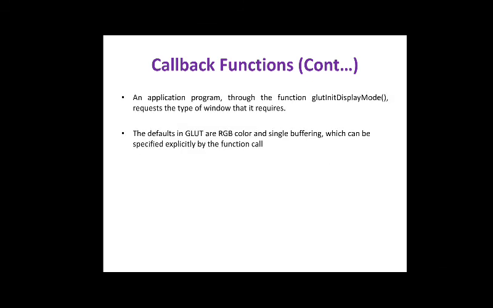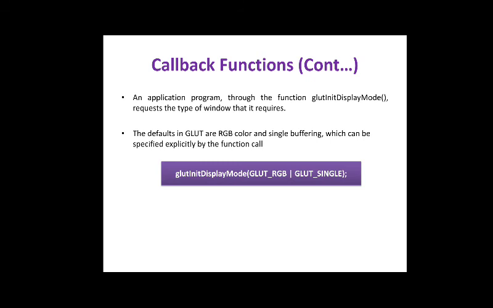Again, for the display mode, we have two modes, that is RGB color or single buffer. Whenever you have an application program and the function is the display mode, it requires two types of windows, that is RGB color or single buffering, which can be specified explicitly by that particular function call.